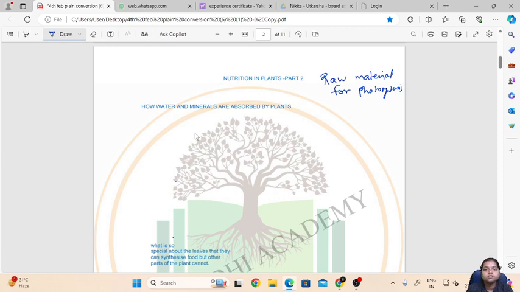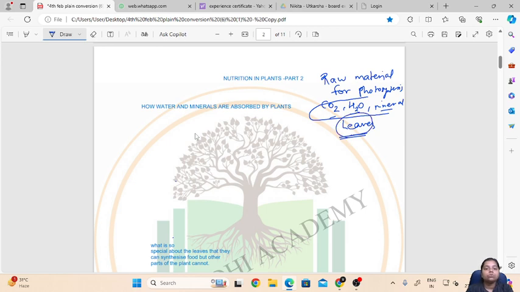So the raw materials required are carbon dioxide, water and minerals. And photosynthesis takes place in the leaves, so we need to supply all this raw material to the leaves of the plant. Then only can the plant synthesize its own food in the form of carbohydrate. Let us see now how this raw material is transported to the leaves.